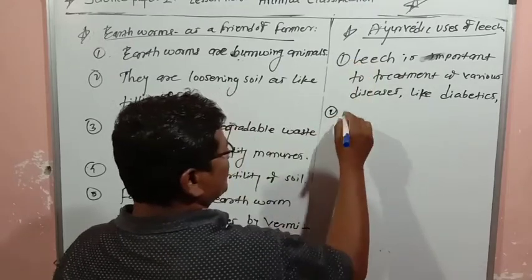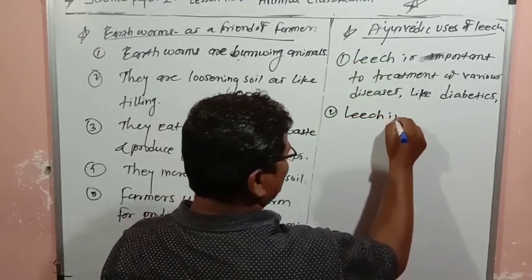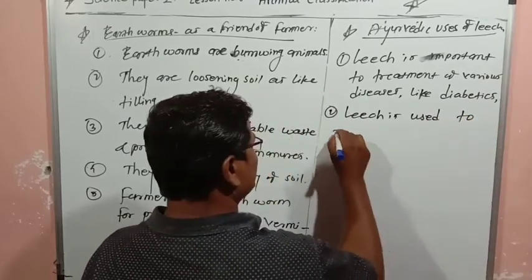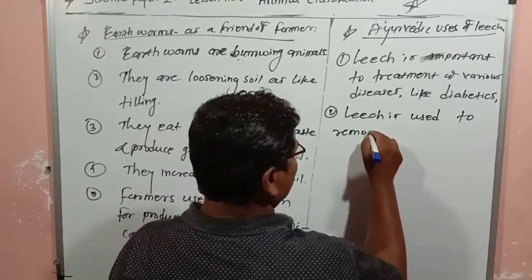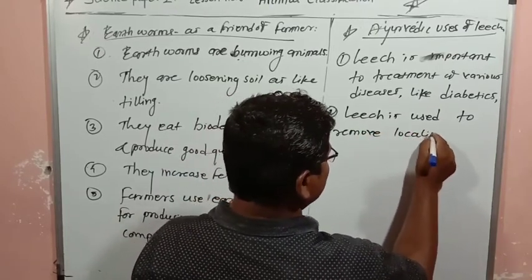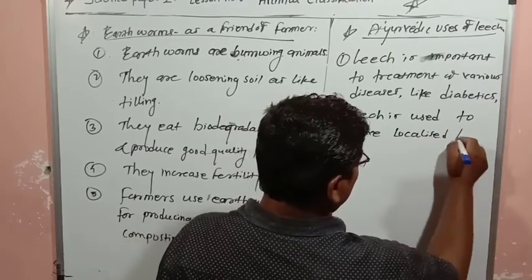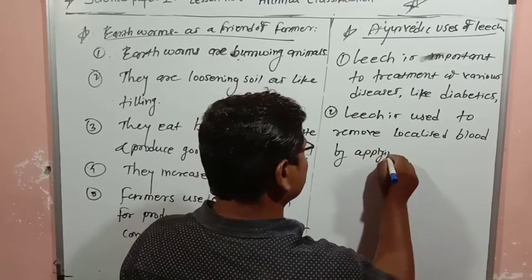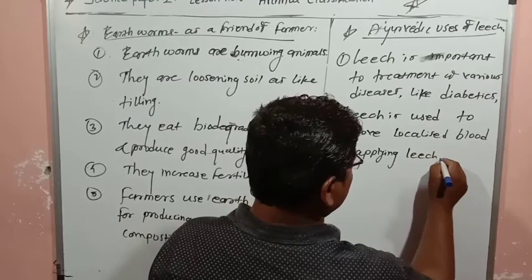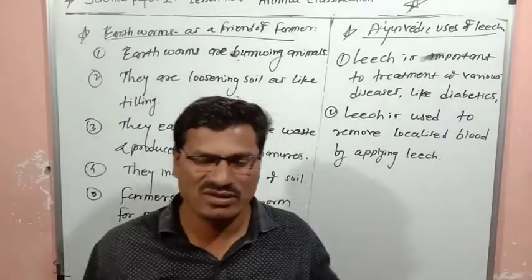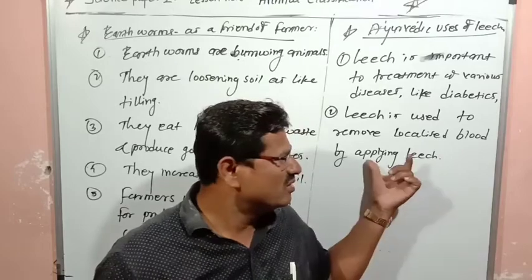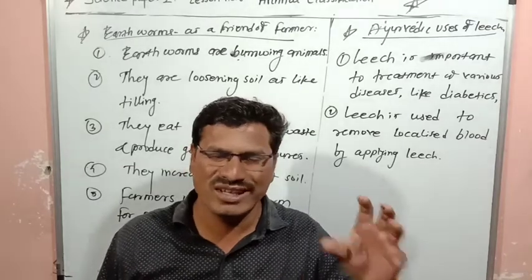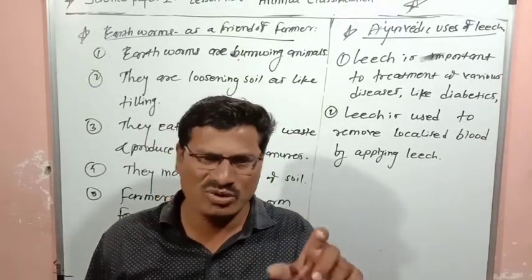Another thing is that leech is used to remove localized blood by applying leech. So what happens, sometimes impure blood gets collected at one place in the body or at that particular part of the body.